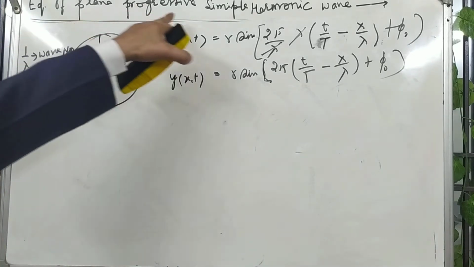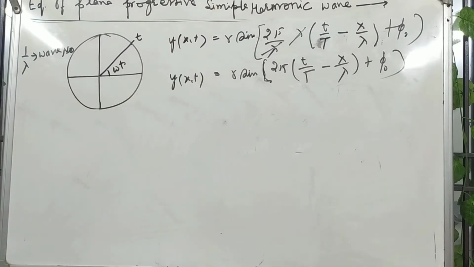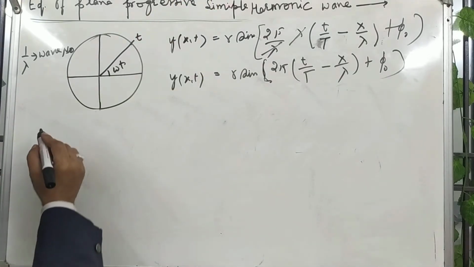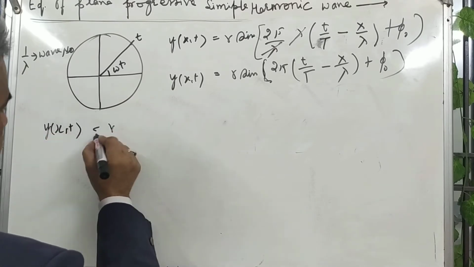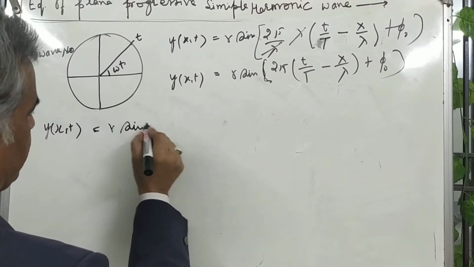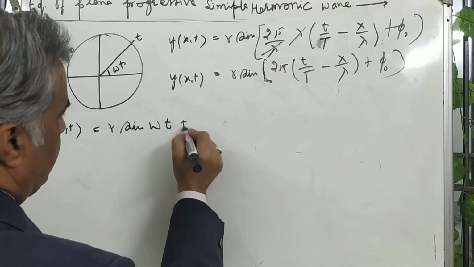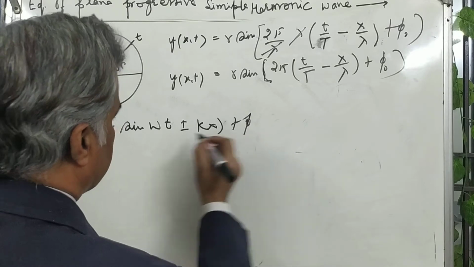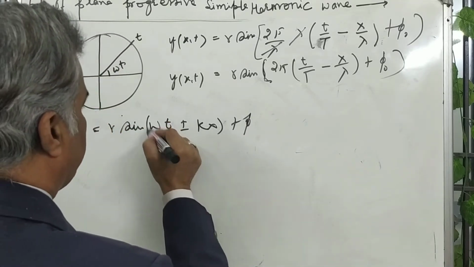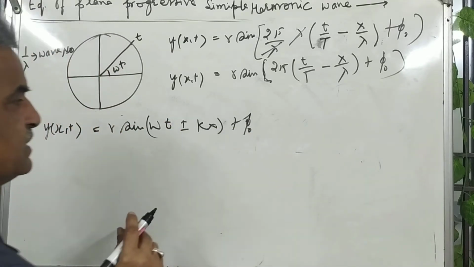So, the plane progressive simple harmonic wave: y(x,t) = r sin(ωt ± kx + φ₀). Why plus or minus?